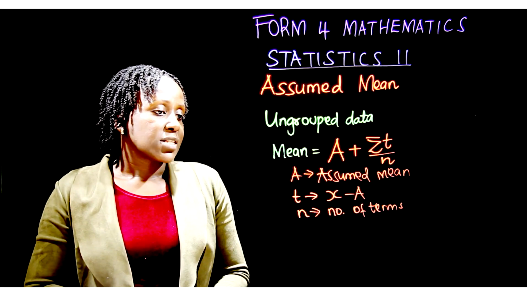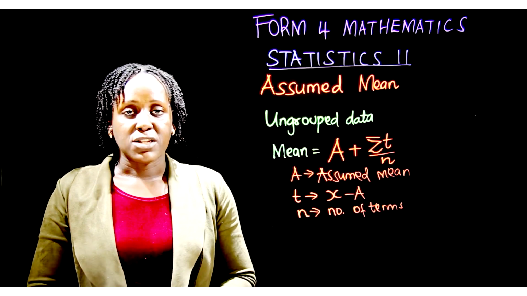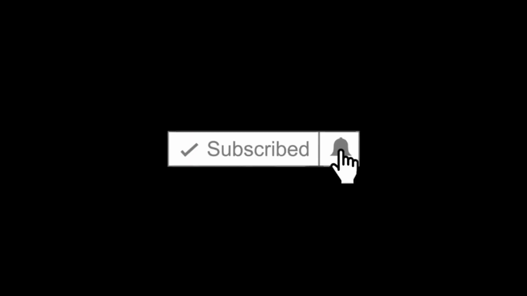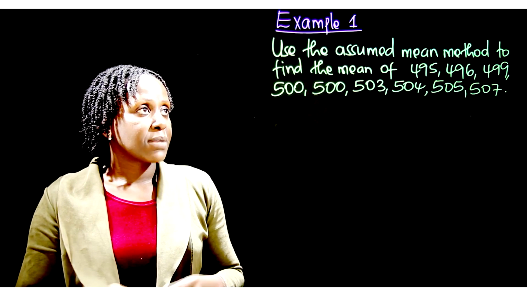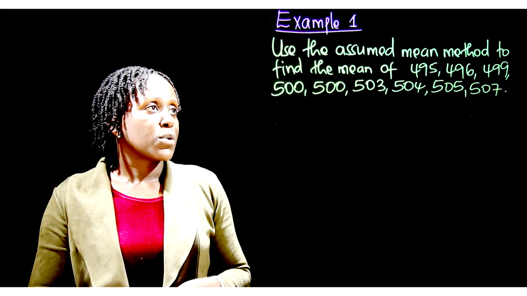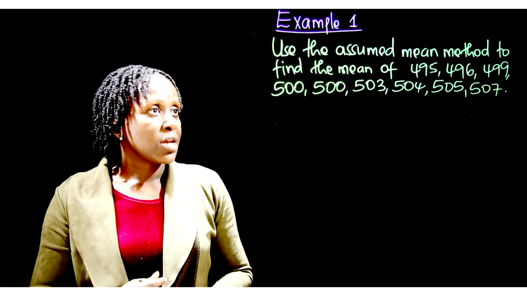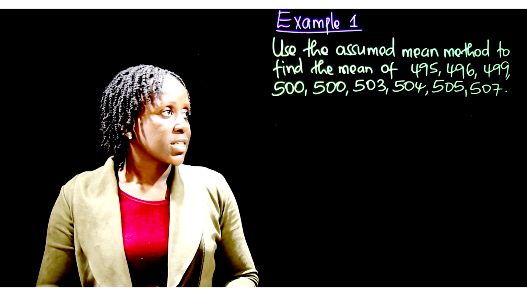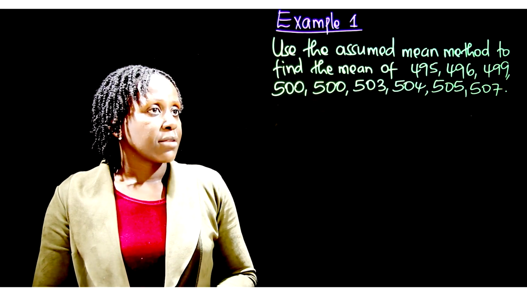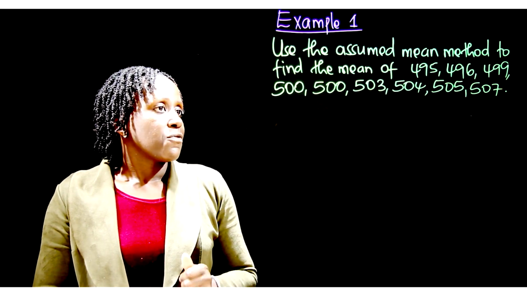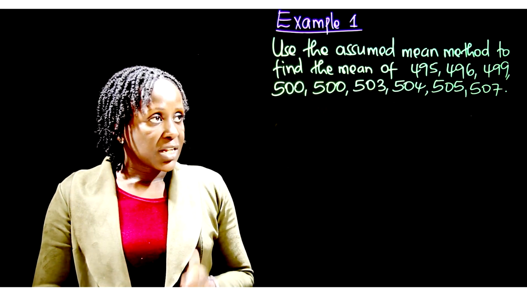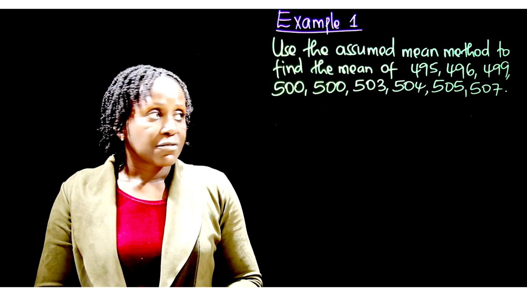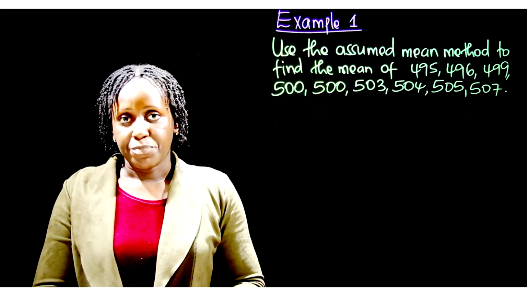So we're going to do an example and try to apply this formula. We are going to attempt this question where we will use the assumed mean method to determine the mean of 495, 496, 499, 500, 500 again, 503, 504, 505, and 507.